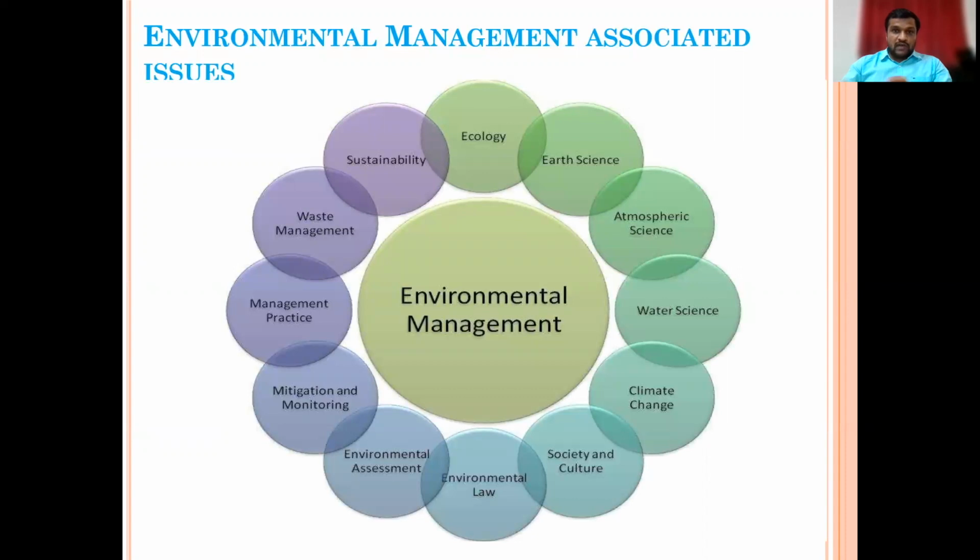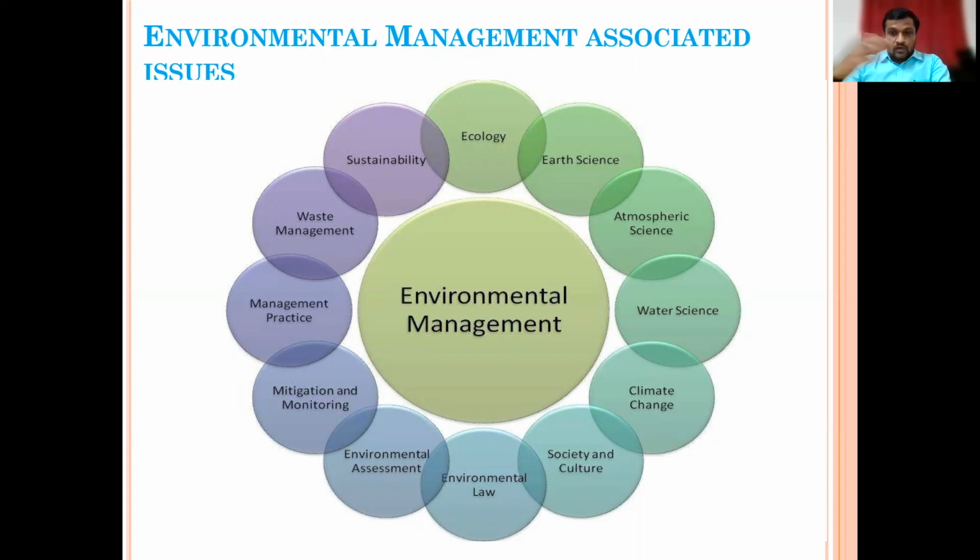Okay, so environmental management is associated with different issues. It is a multidisciplinary approach. When we talk about environmental management, it is associated with different branches of science, like ecology, earth science, atmospheric sciences, and water science. Climate change is obviously something most people around the world are talking about, so environmental management is also associated with climate change studies, society and culture.